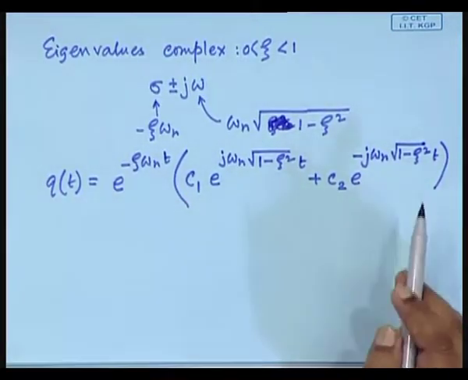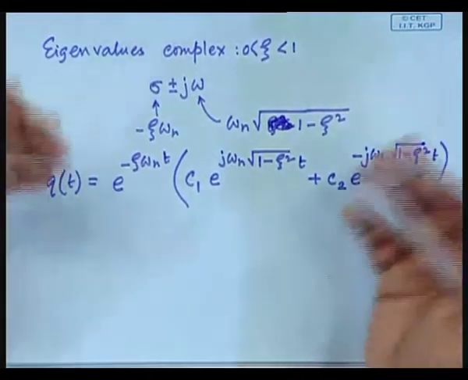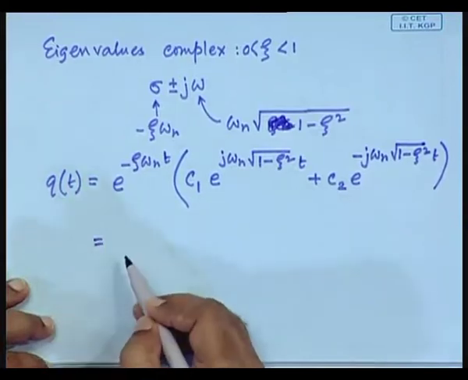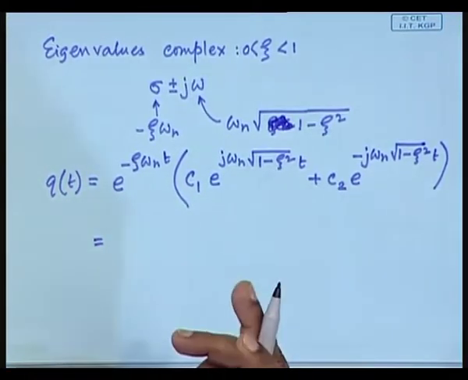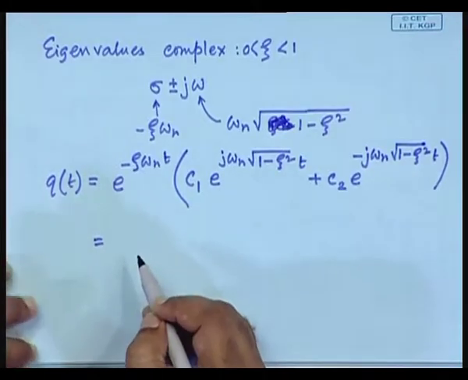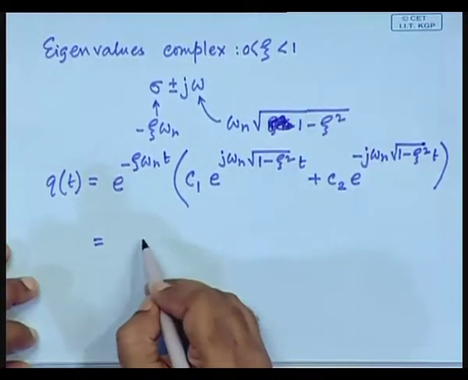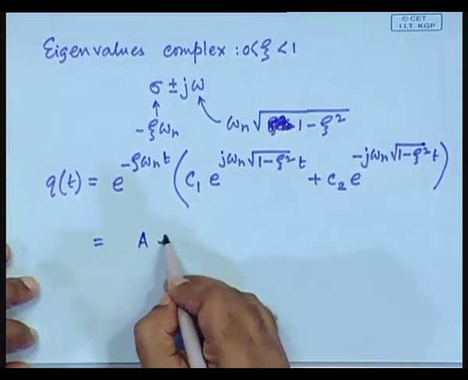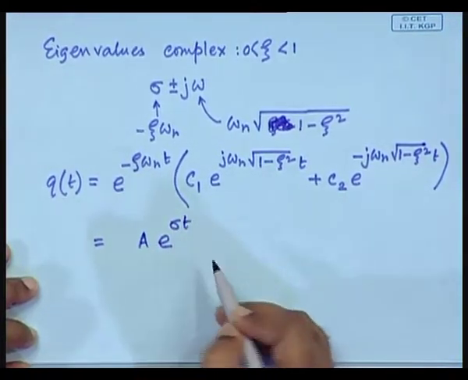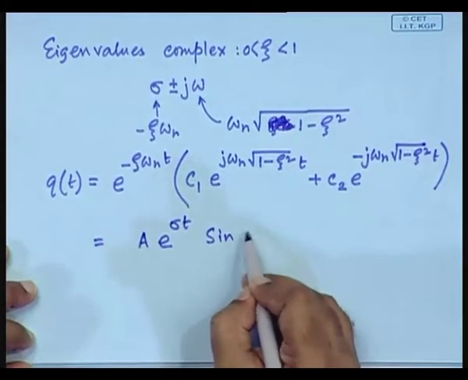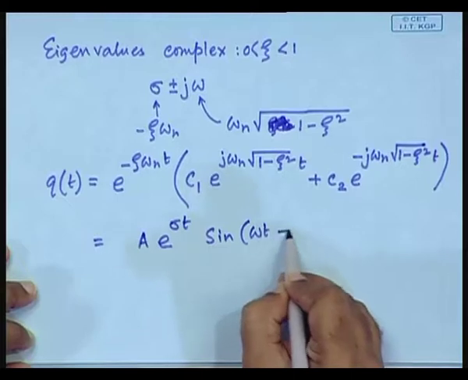These are two eigenvalues, we simply write in terms of that, and then if we simplify that, it will always yield something like, yes, we can write it as a e to the power sigma t times sin omega t plus phase.